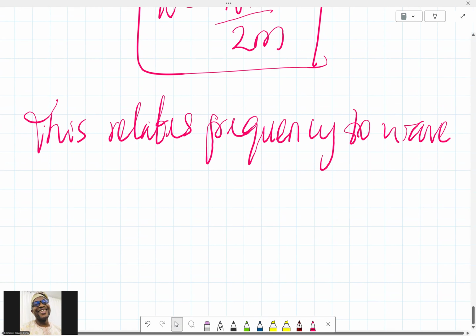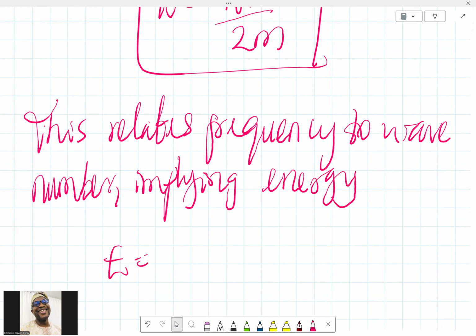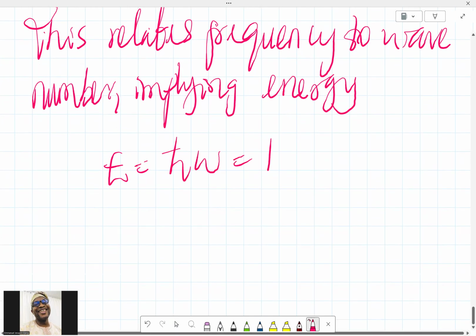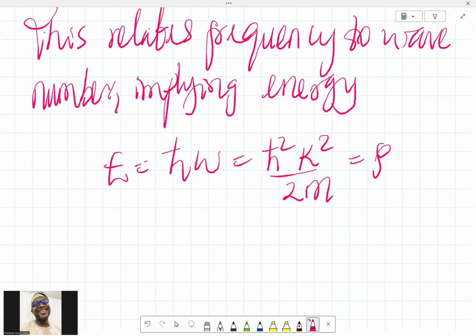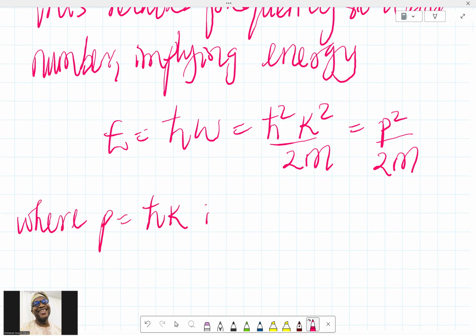So this relates frequency to wave number, implying that the energy E is equal to h bar omega, which is h bar squared k squared over 2m, which is equal to p squared over 2m, where p is equal to h bar k, which is actually the momentum.